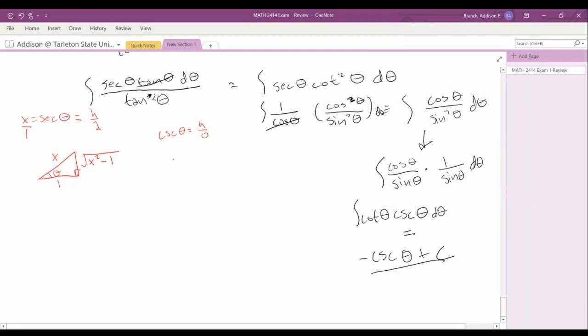So we know cosecant of theta is going to be x over the square root of x squared minus 1. So just throw a negative in front of that, and we have negative the square root of x squared minus 1, plus c.